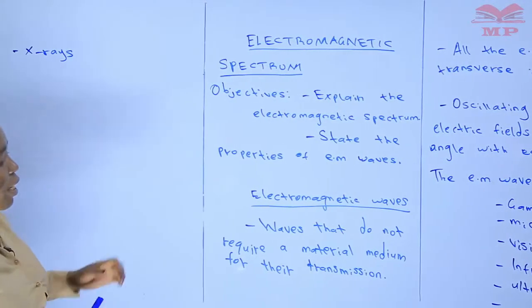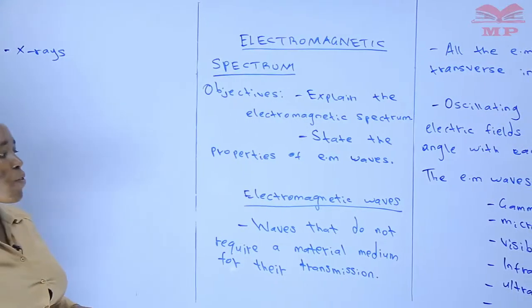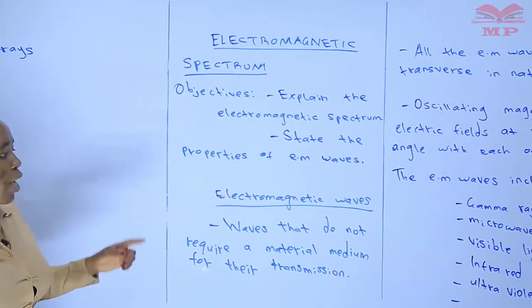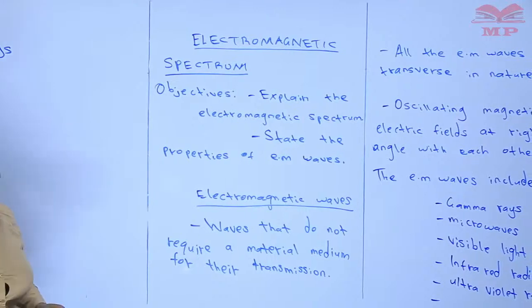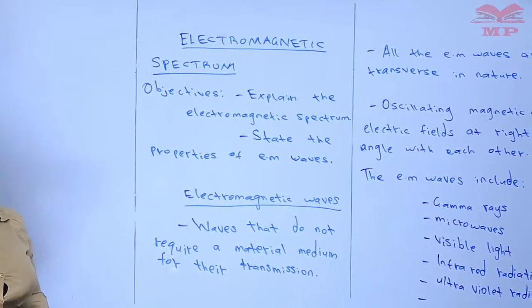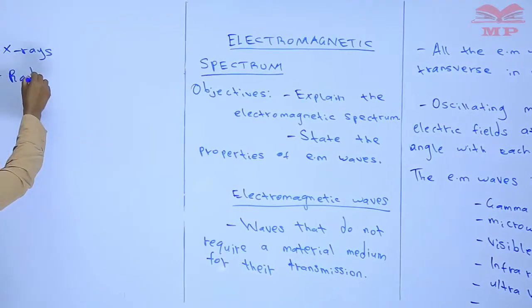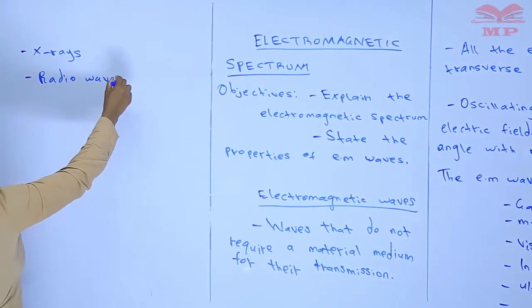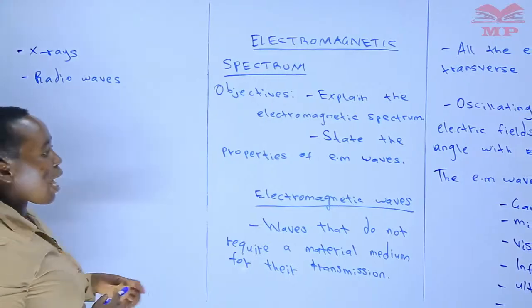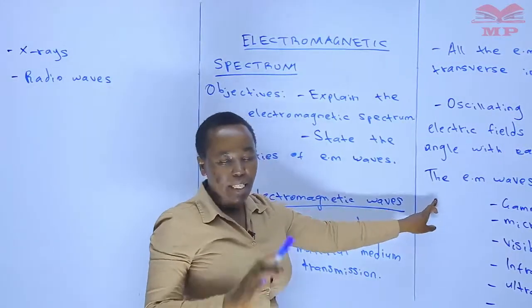So we have the gamma rays, the microwaves, the visible light, the infrared radiation, the ultraviolet radiation, the X-rays, and we also have the radio waves. So these are our electromagnetic waves.